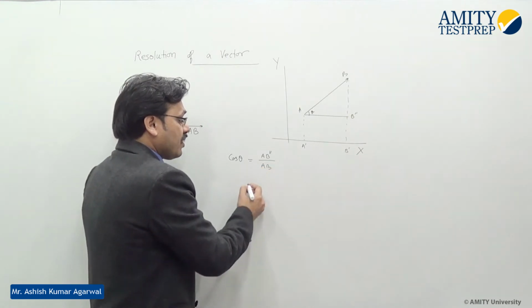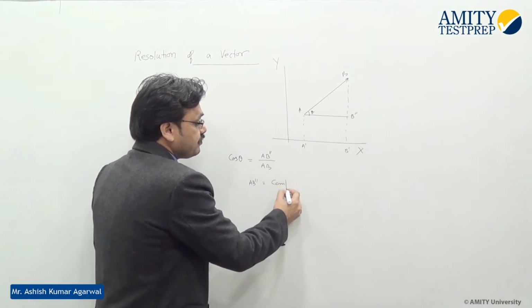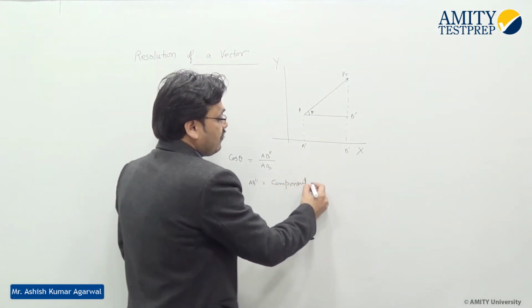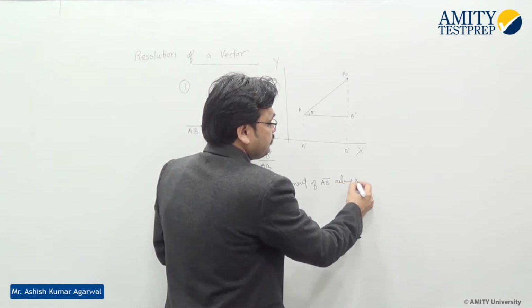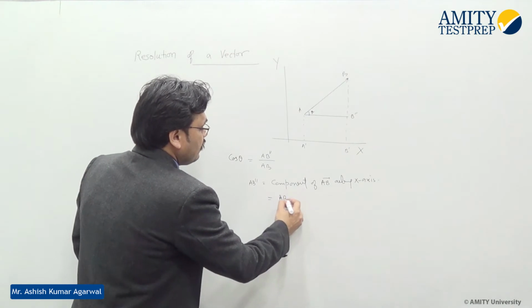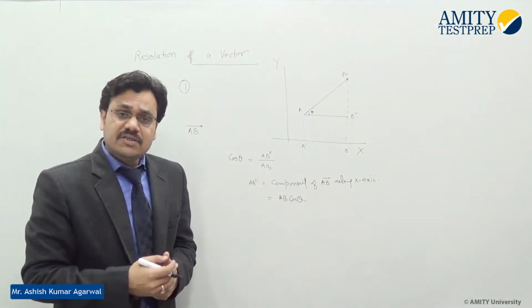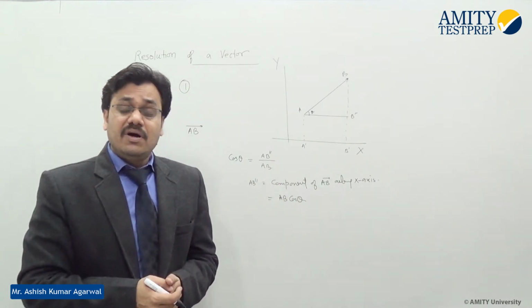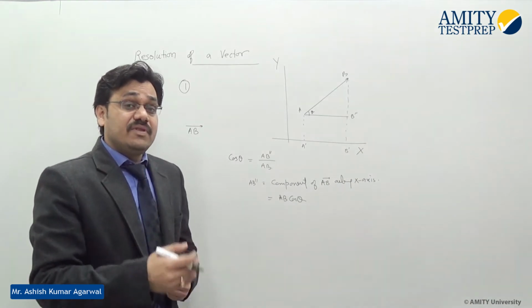So clearly this AB double dash, which is the component of vector AB along the x-axis, is given by AB cos theta. So AB cos theta will give you a component along the x-axis if theta is the angle with the x-axis.